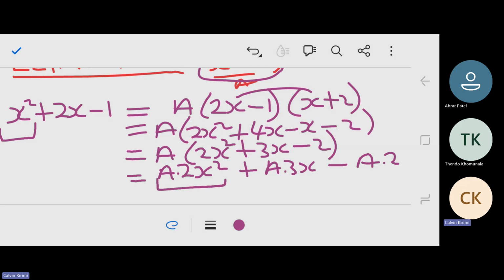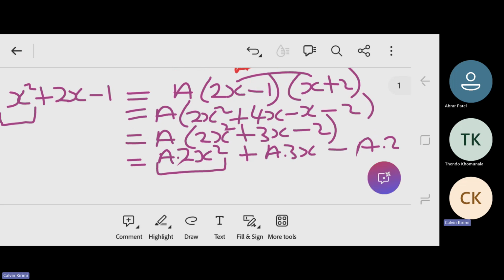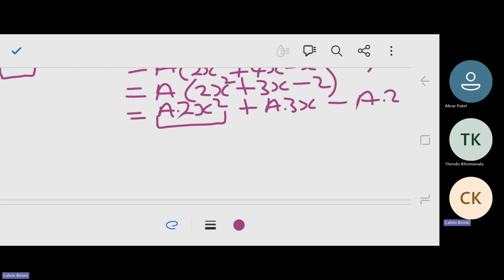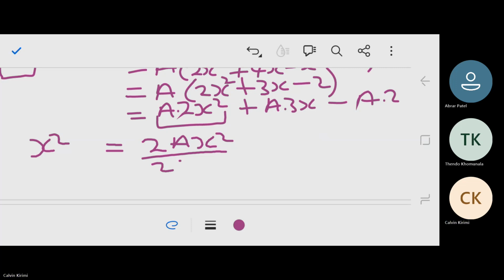Then we can solve for what? That's what we are doing there. Once we have equated those two, x squared is equal to 2a x squared. What is the value of a? We are going to divide both sides by 2x squared.